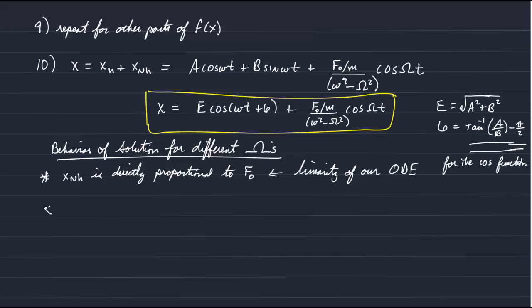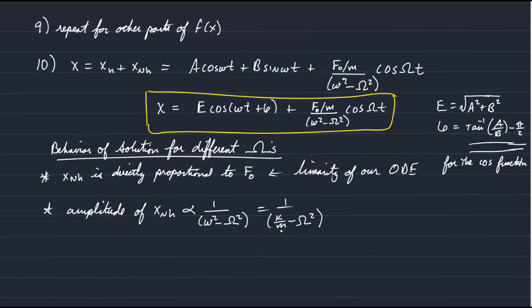The other thing to notice is that the amplitude of our non-homogeneous solution is proportional to 1 over the difference between the natural frequency and the driving frequency. And remember, omega squared is equal to k over m, our spring constant divided by m.